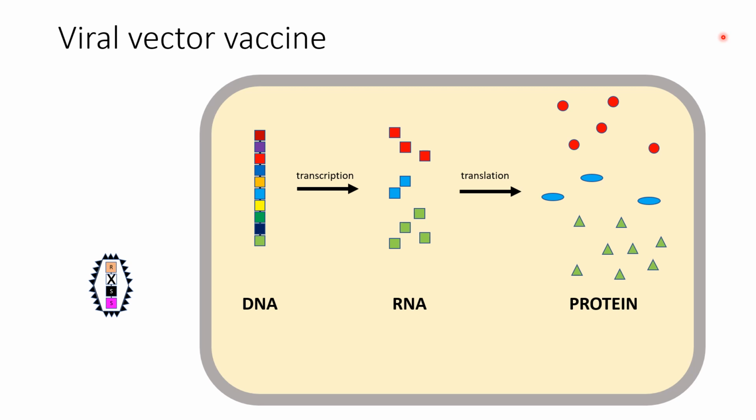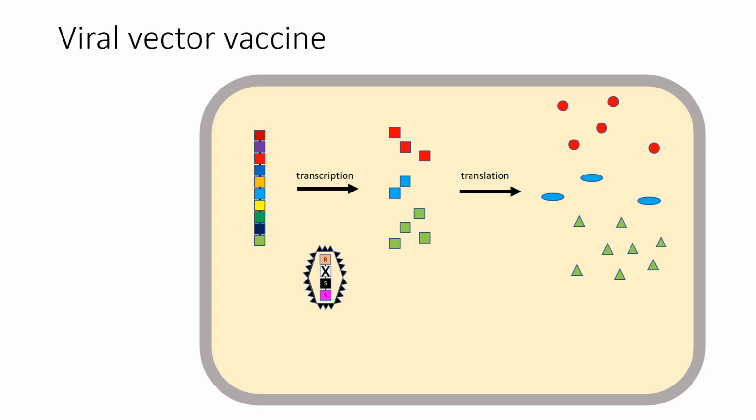So in this case, one's injected with the viral vector vaccine, which then infects cells, and the genome is then released from the virus particle, and I've shown here a DNA-containing viral vector. So the genome is inserted into the central dogma at the level of DNA.